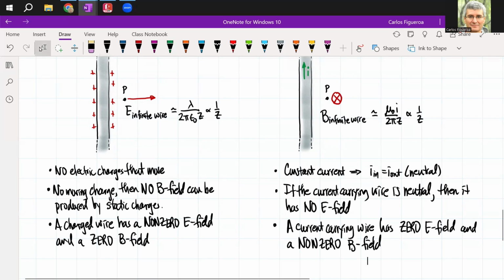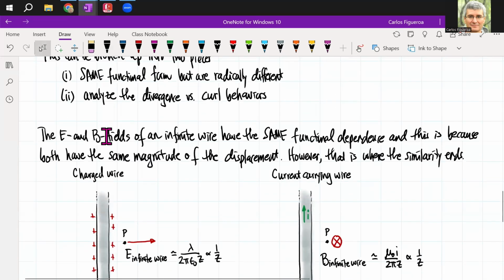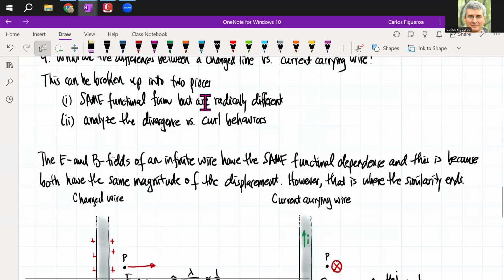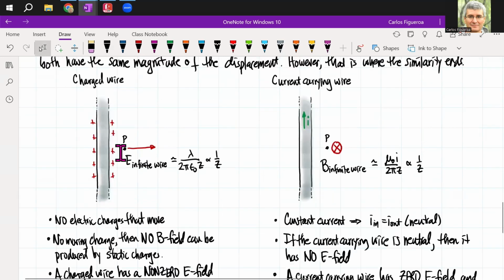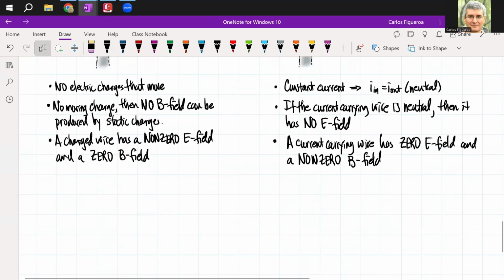Now let's go to the last piece, which I think is equally as interesting. So over here, we were talking about the same functional form, but after that, it radically changes. Now we want to analyze the divergence and curl behavior. So let's look at that. So maybe I should write divergence and curl.